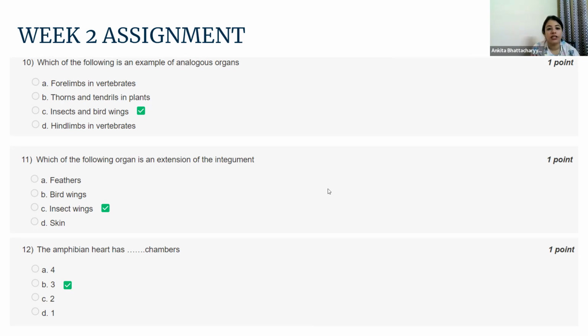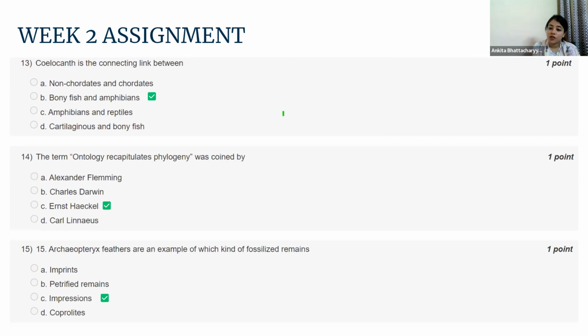So that's the question. Then we come to coelacanth. We previously discussed connecting links and how the peripatus is the connecting link between Annelida and Arthropoda. But when we are talking about coelacanth, it was an example of the connecting link between bony fish and amphibia. These are very unique organisms that have provided instrumental evidence to the idea that you cannot very clearly segregate organisms into different classes or very clearly demarcate different groups.